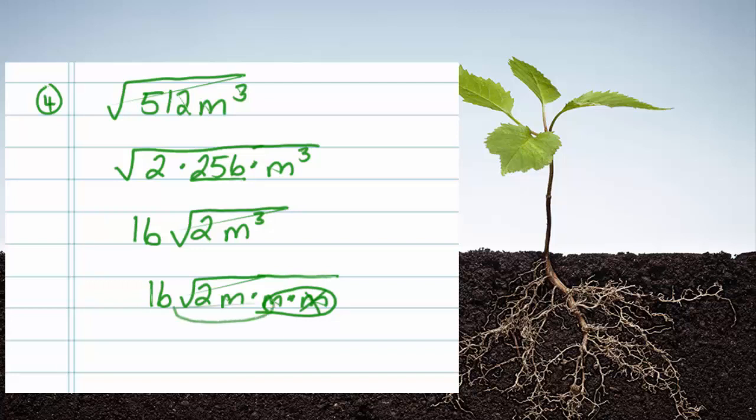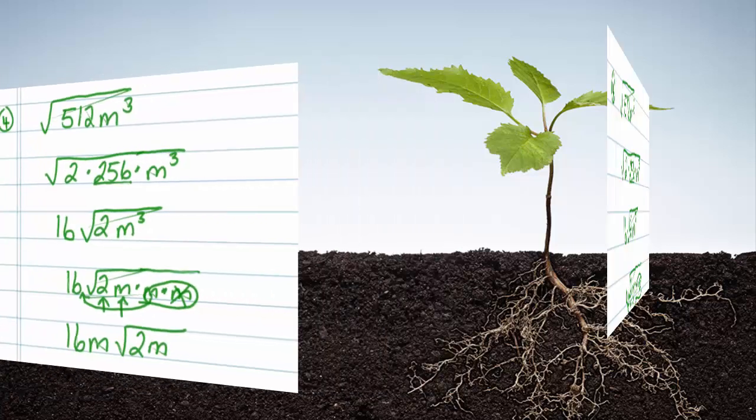Anytime we have a pair of twins, one of them's going to cancel out, the other's going to come out front. So that's going to leave me with 16m. Inside the radicand, I have 2 and I have m all by themselves. 16m root 2m.